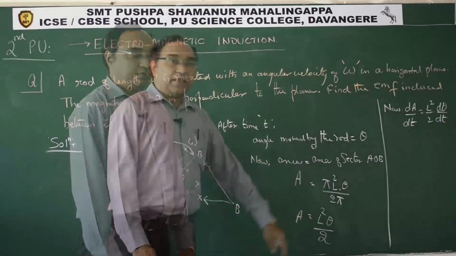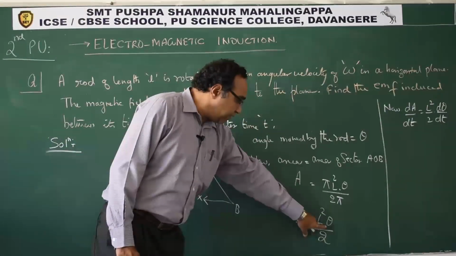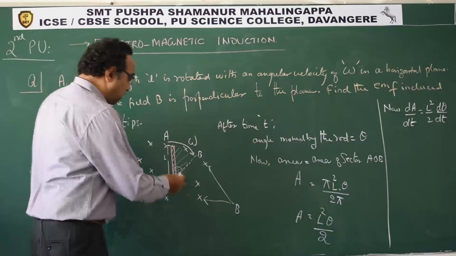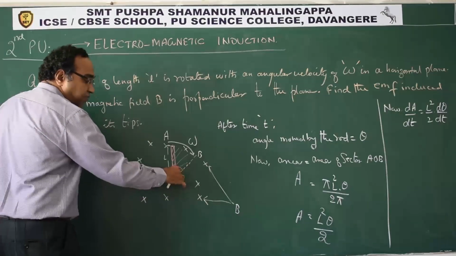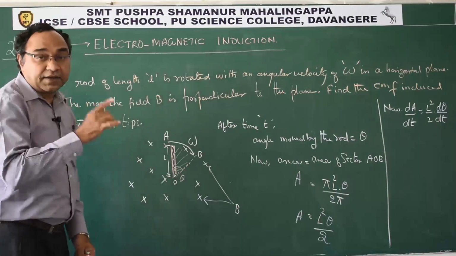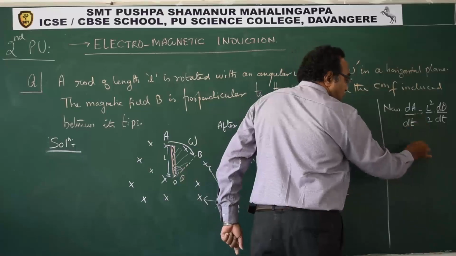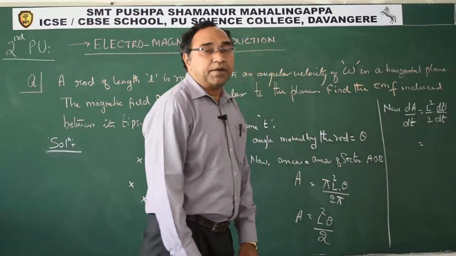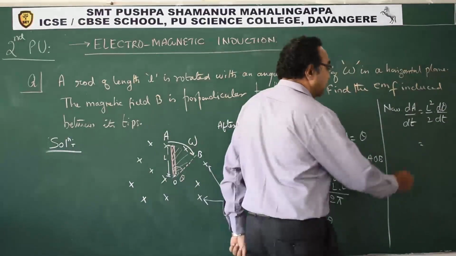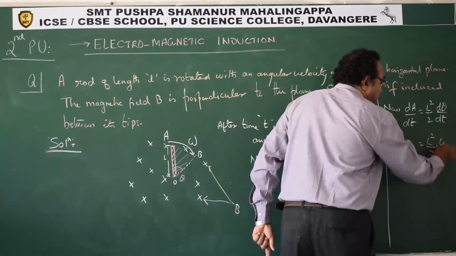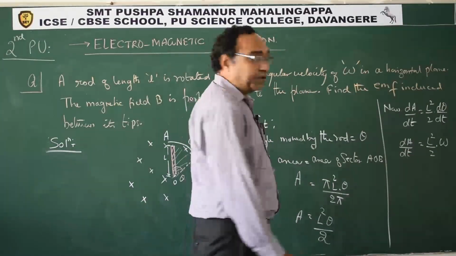The length of the rod is constant. Theta keeps on changing with respect to time, because the rod keeps on moving this way, so the area of that sector changes. Now d theta by dt is the rate of change of angle, which is the angular velocity. So we get dA by dt as L square by 2 into omega.